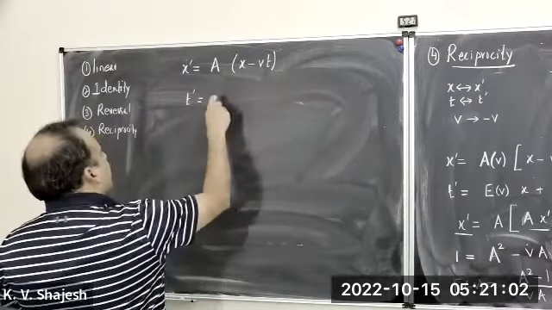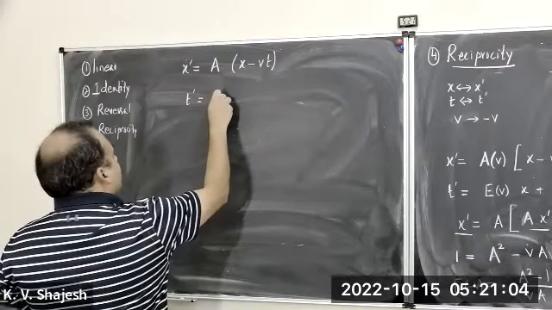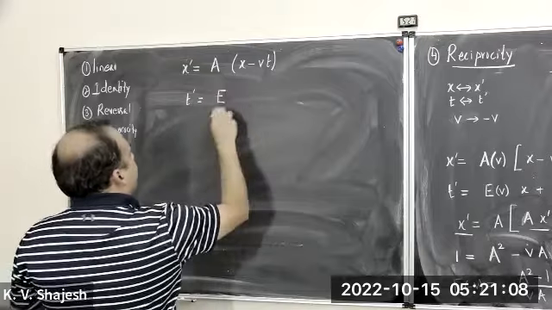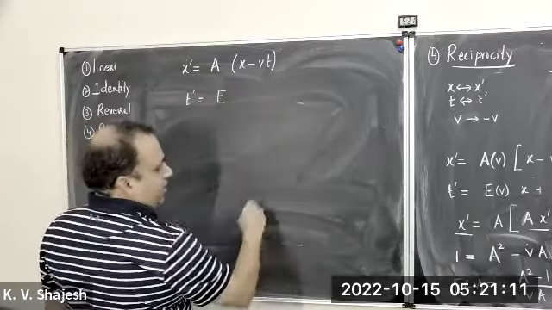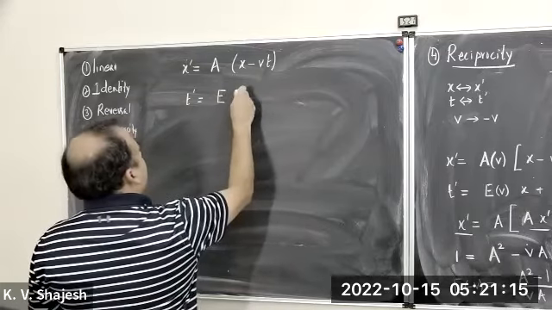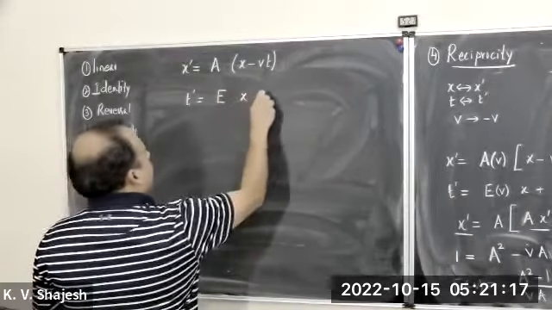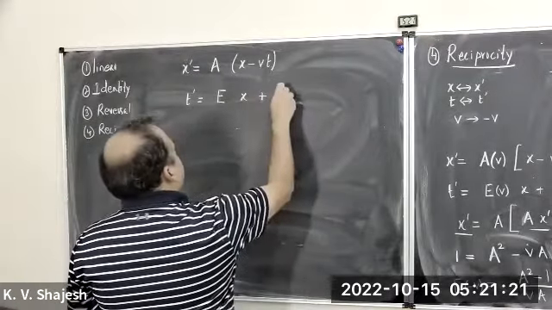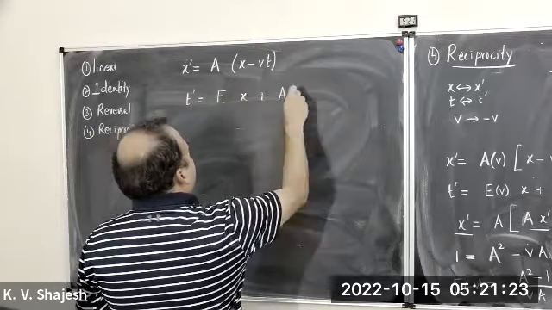Every person does not do the same measurement. This is E now, which has a complicated expression from what we noticed there. So this is E times x plus F, which was A itself, so A times T.